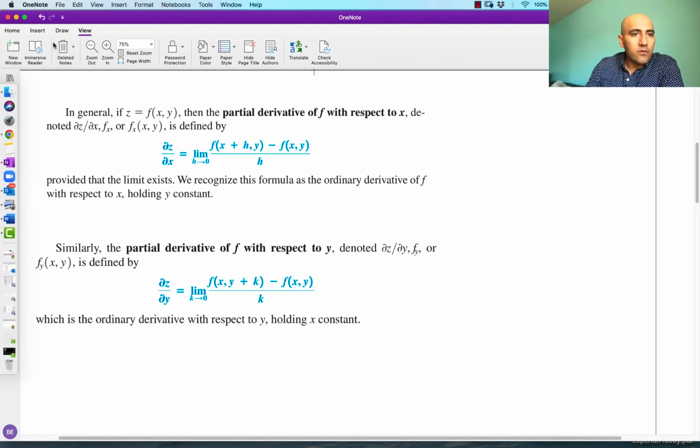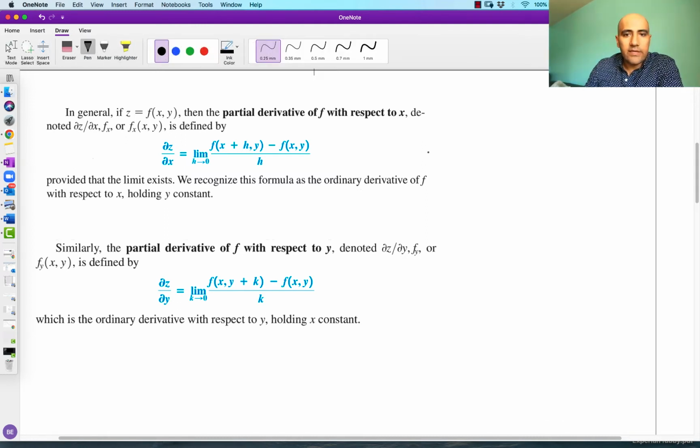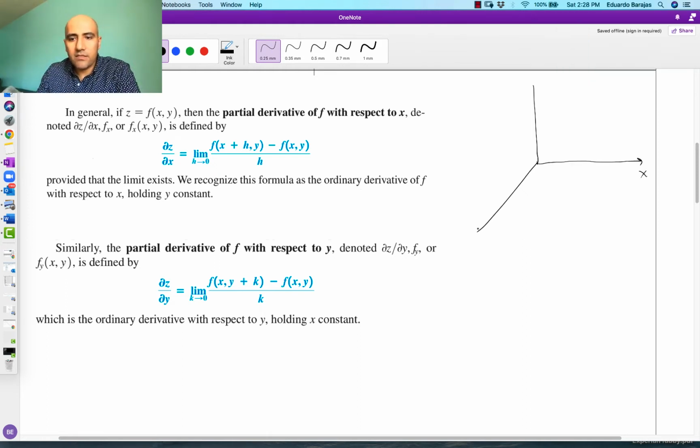Just as a quick description of what is happening here, we have the x and y axes like this.